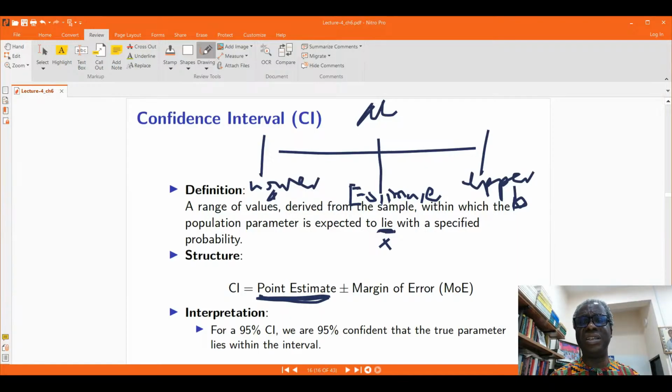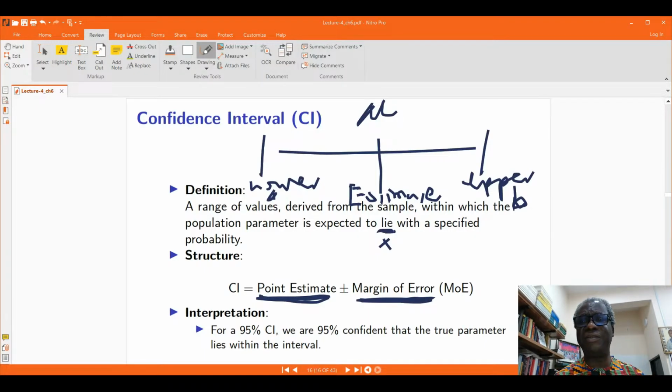So the width that we talked about before is provided by the formula. This is the margin of error.